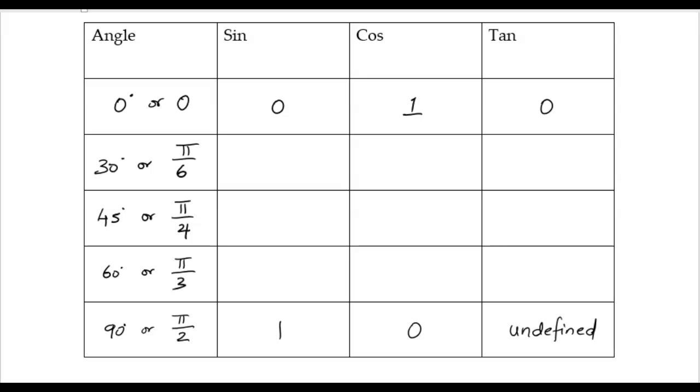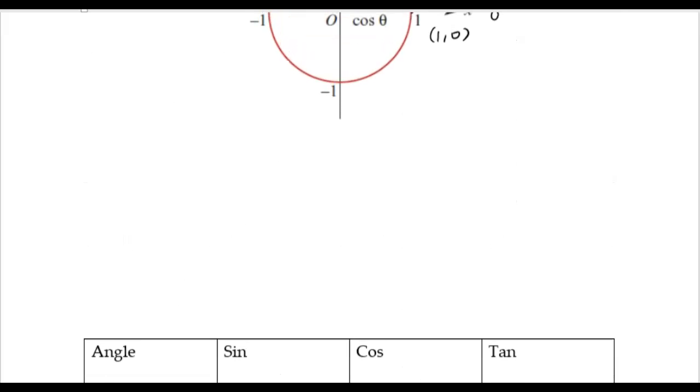Now, to look at the 30 and 60-degree angles, we need to take into account a triangle. So we're going to take into account a triangle which is the 30, 60, 90 triangle. So we're going to have 30 degrees, 60 degrees, and a 90-degree angle.